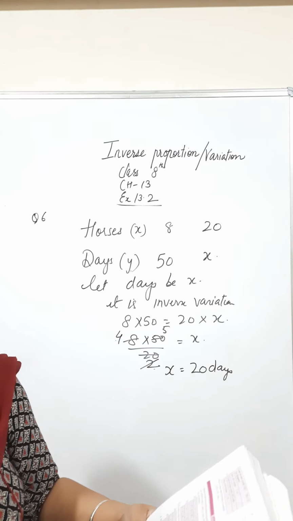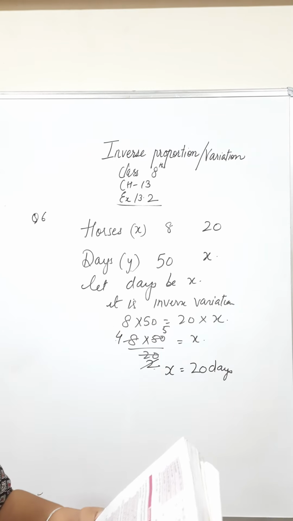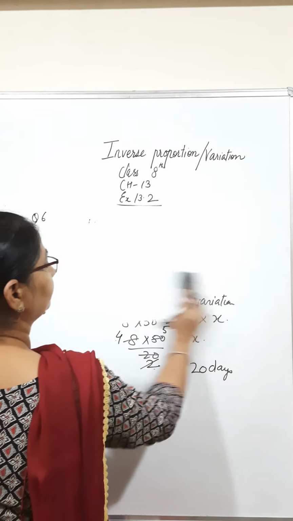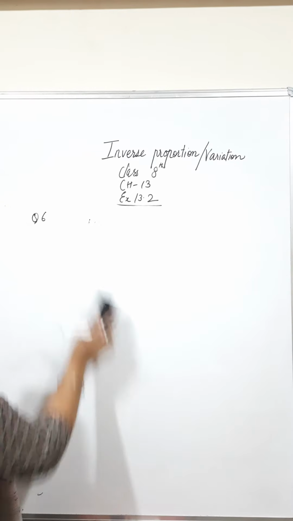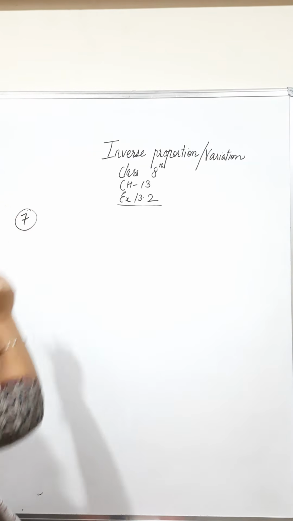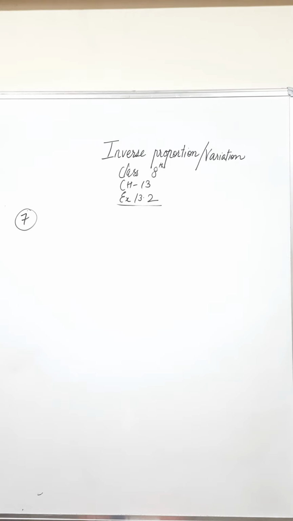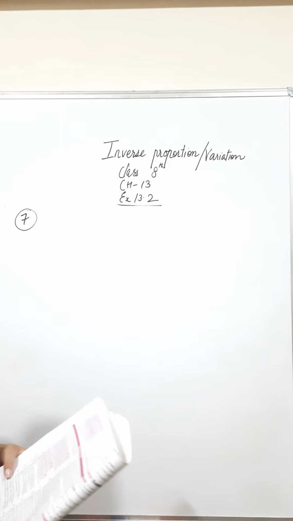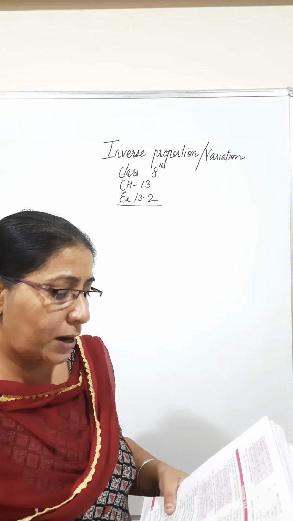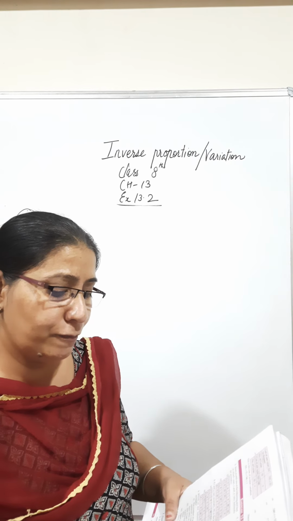Next, beta, we have question number 7 now. In question number 7, I have enough money to buy 4 kg of tomatoes at the rate of rupees 5 per kg.